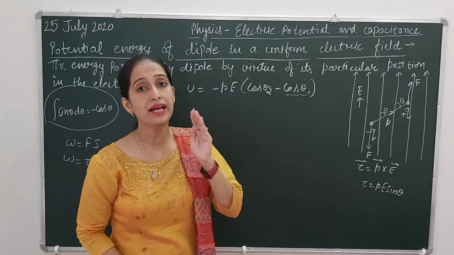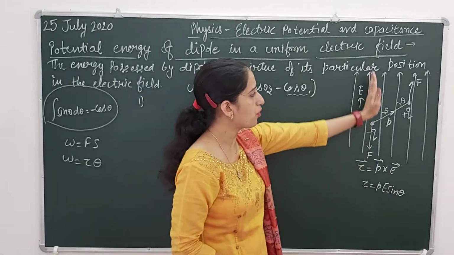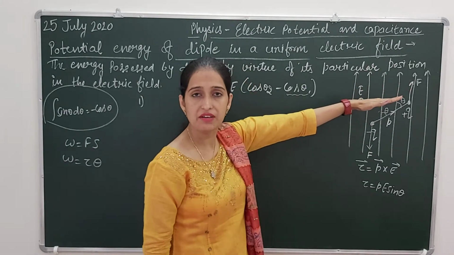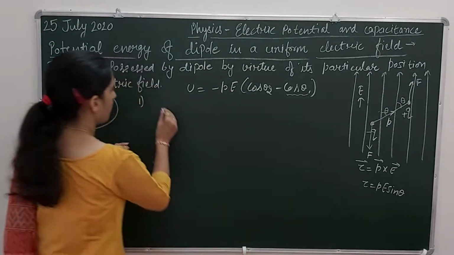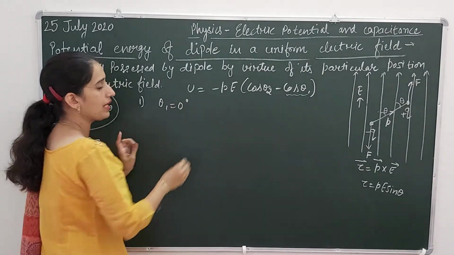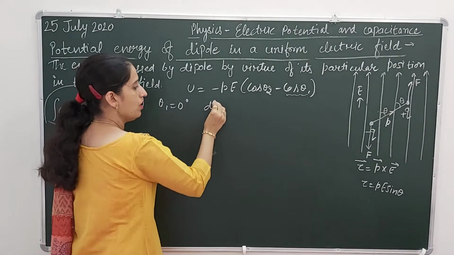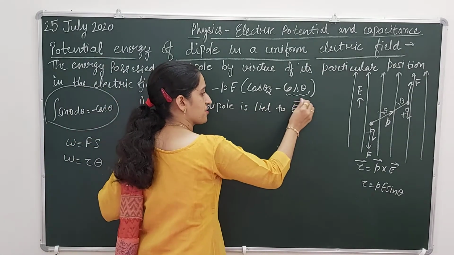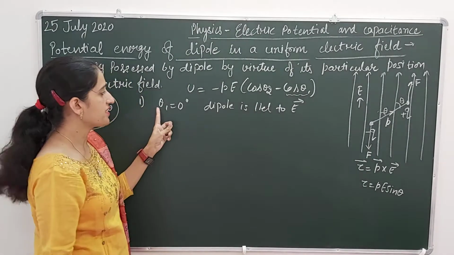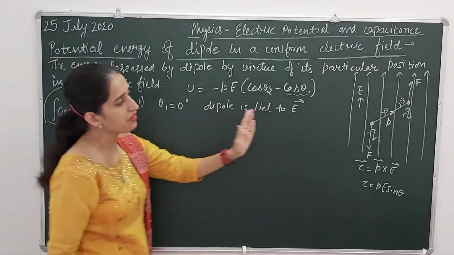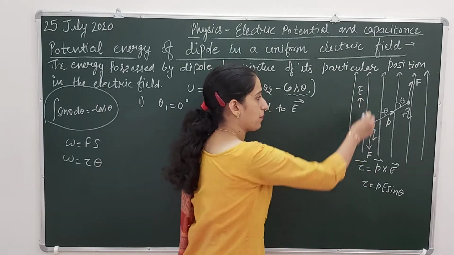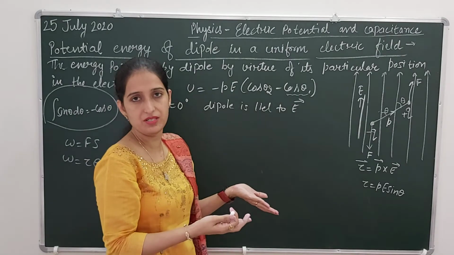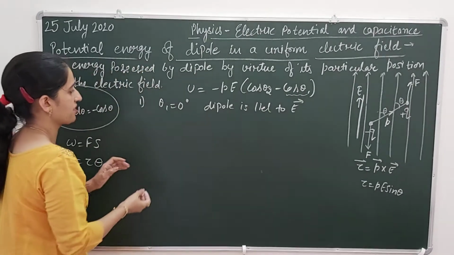Initially the dipole is present like this and we want to rotate it to another position, so we need to do some work. So theta 1 will be 0 degrees, and then we want to rotate this dipole to another position which makes angle theta with the electric field.